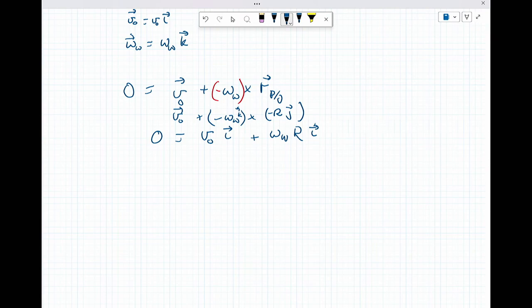Okay, I'm kind of jamming a lot of stuff in there, but I just wanted to show the middle steps here. And so I've kind of put all of that together.